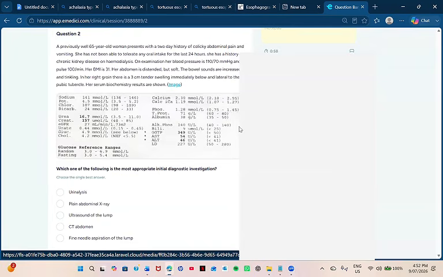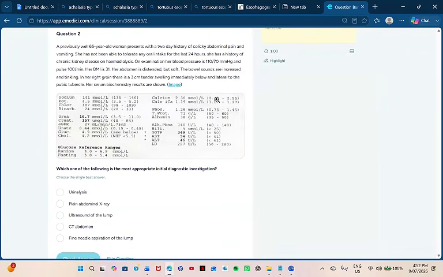So now tell me the answer for this question. What do you think, doctors? Okay, we will go back to the previous question, but tell me the answer for this question. There is a 3 centimeter tender swelling as well. Woman presents with a 2-day history of colic abdominal pain with vomiting, not being able to tolerate oral intake.